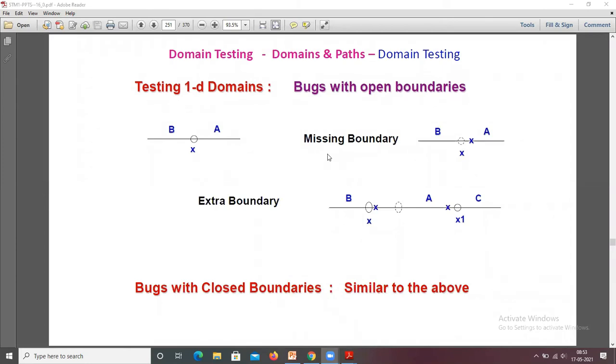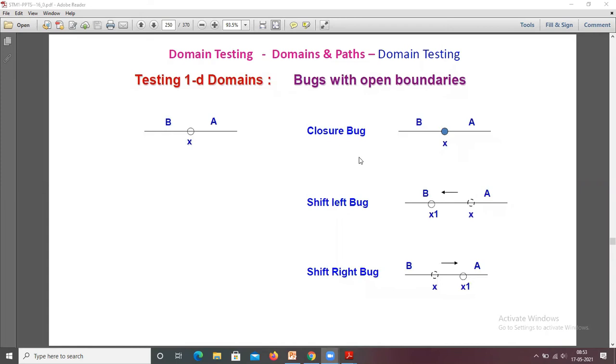Here, for example, if you assume that the boundary was to be open for A, the bug we are looking for is the closure error, which converts less than to less than or equals to, or greater than may be changed to greater than or equals to. Okay.